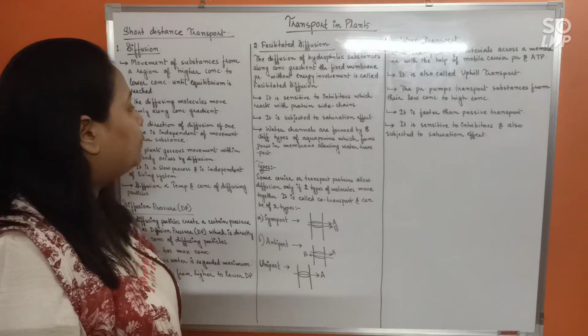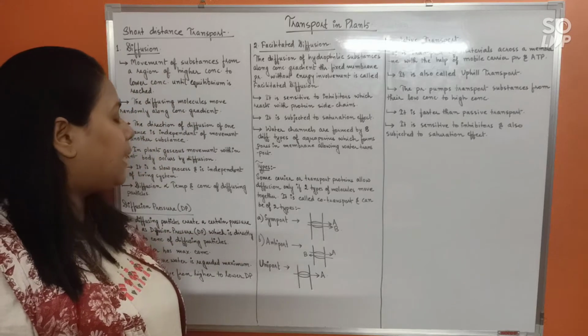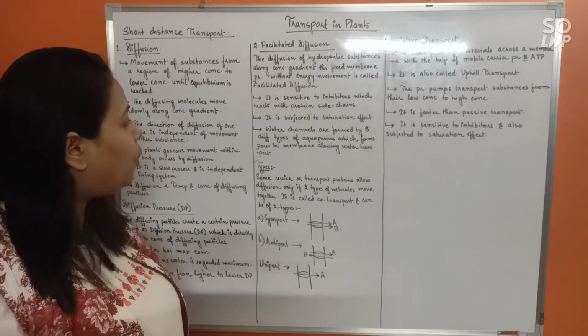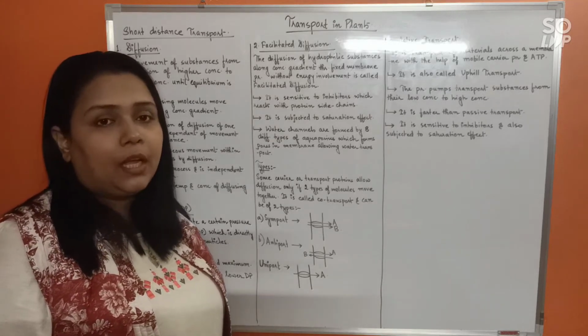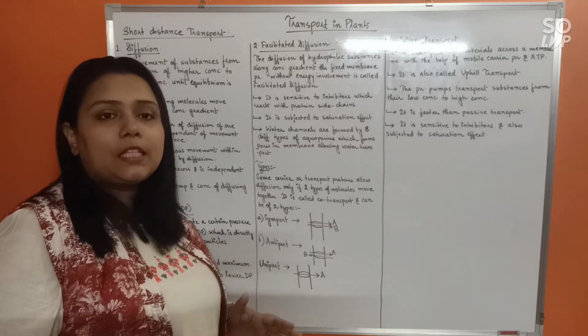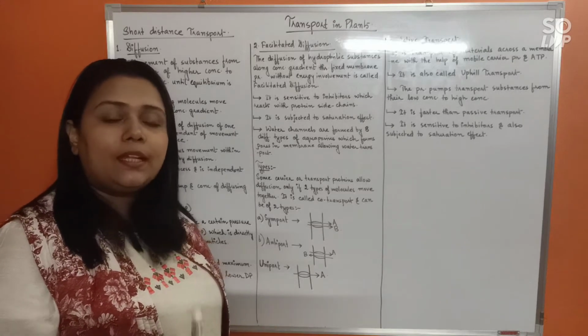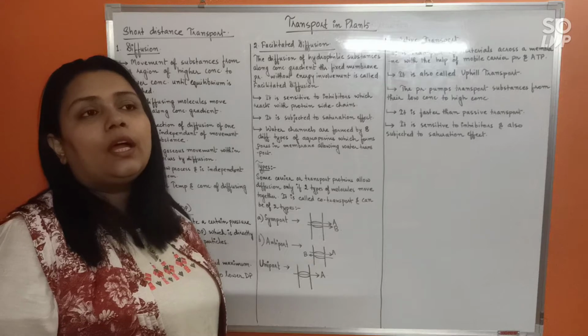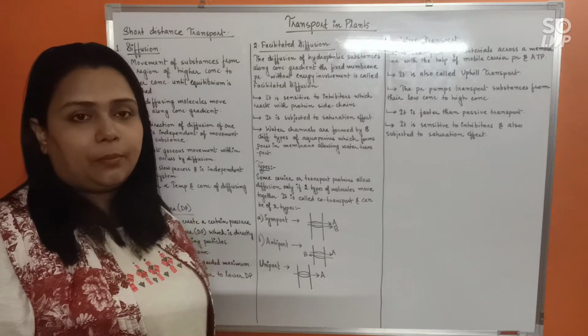Now, water channels are formed by 8 different types of aquaporins which form pores in the membrane allowing water transport. Do remember one thing: because our plasma membrane, as you have learned in the fluid mosaic model, is hydrophobic in its core, anything that is water soluble cannot readily pass through the plasma membrane.